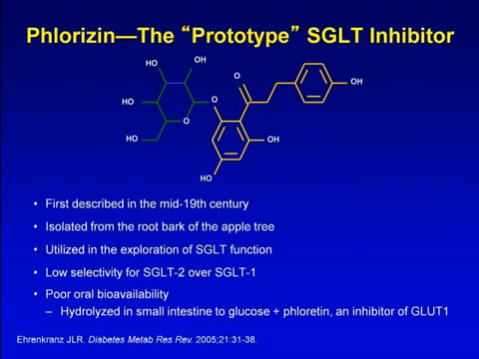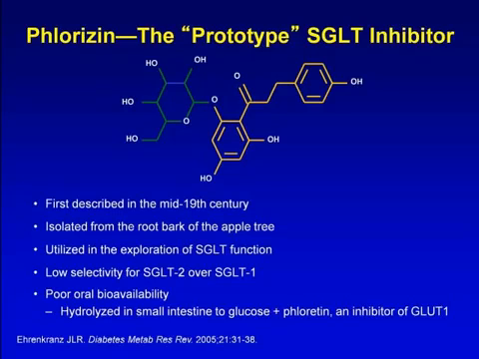So, coming to the SGLT inhibitor history, there is a molecule called fluorescein, which was the prototype for SGLT inhibition. It was first described a long while ago in the mid-19th century and was isolated from the root bark of the apple tree. For the last couple of decades, it has been used in the exploration of SGLT function and its effects.